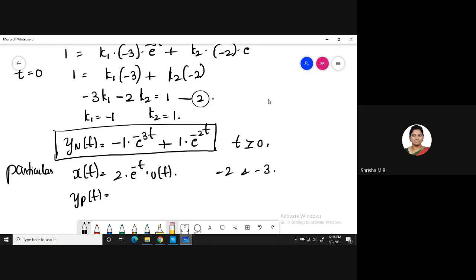The input is of the form c into e power alpha t, so the input is of the form e power alpha t. So the particular solution will be of the form c into e power alpha t. Okay, let us see the table once.